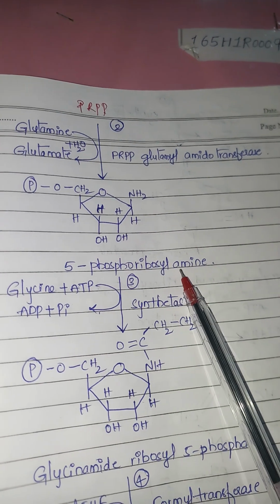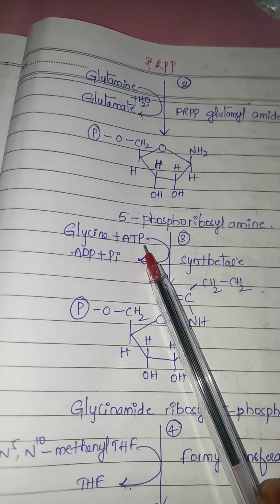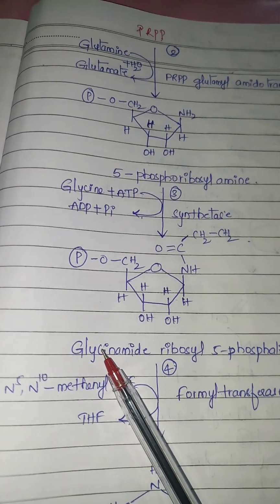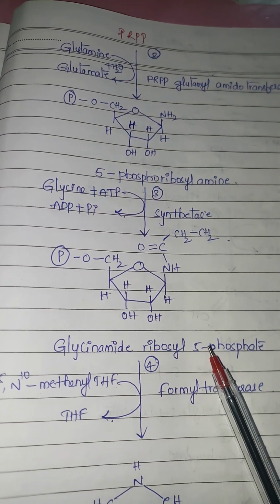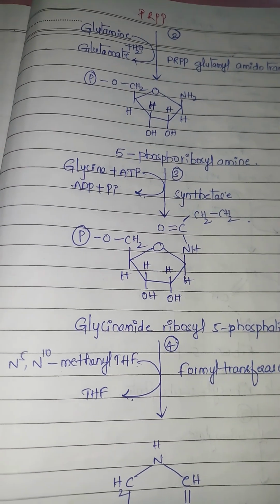Phosphoribosyl amine combines with glycine in the presence of ATP and produces glycinamide ribosyl 5-phosphate.